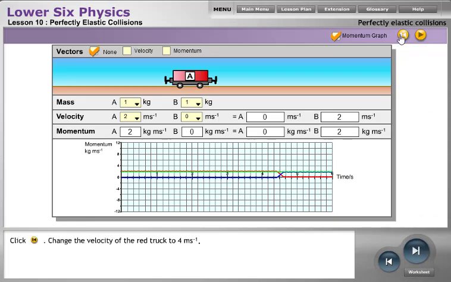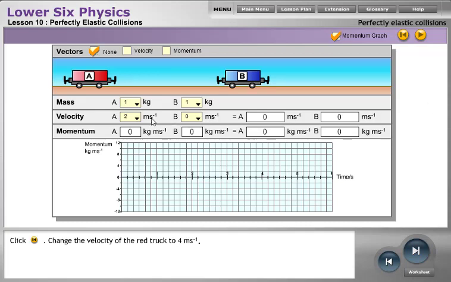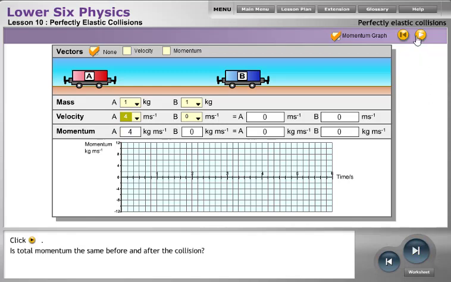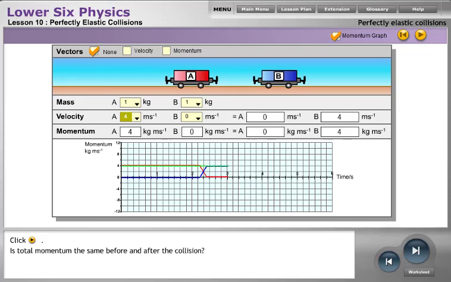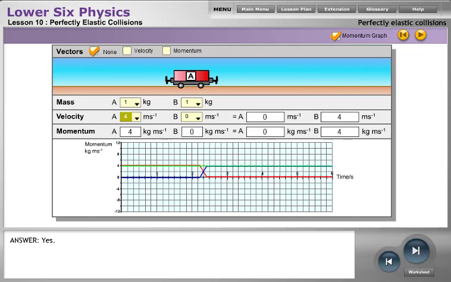Click Reset. Change the velocity of the red truck to 4 meters per second. Click Start. Is total momentum the same before and after the collision? Answer: yes. Click Reset.